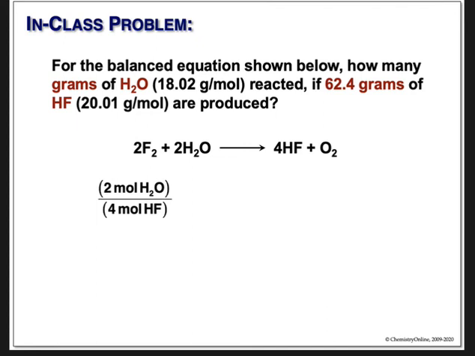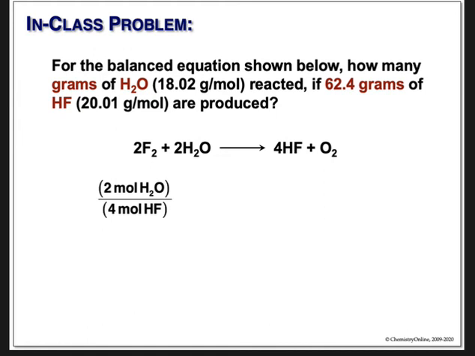Now, we are given the molar masses here, aren't we? There are 2 waters and they're 18 each. So to get the mass ratio, we want to multiply this by 18. Likewise, we have 4 HF. Each one weighs 20.